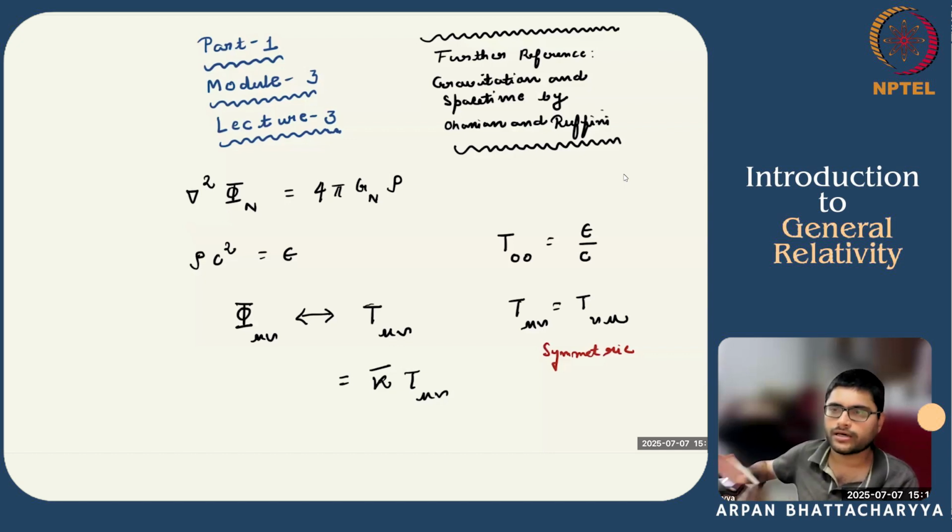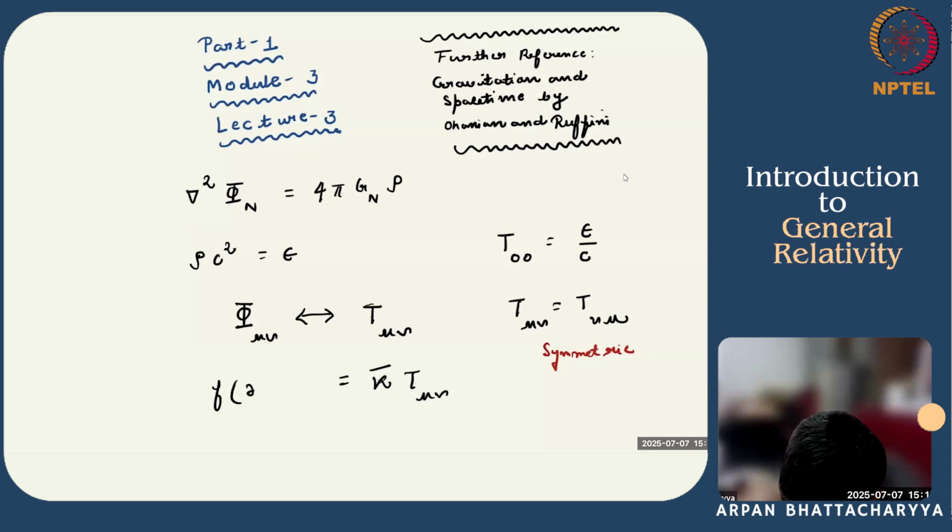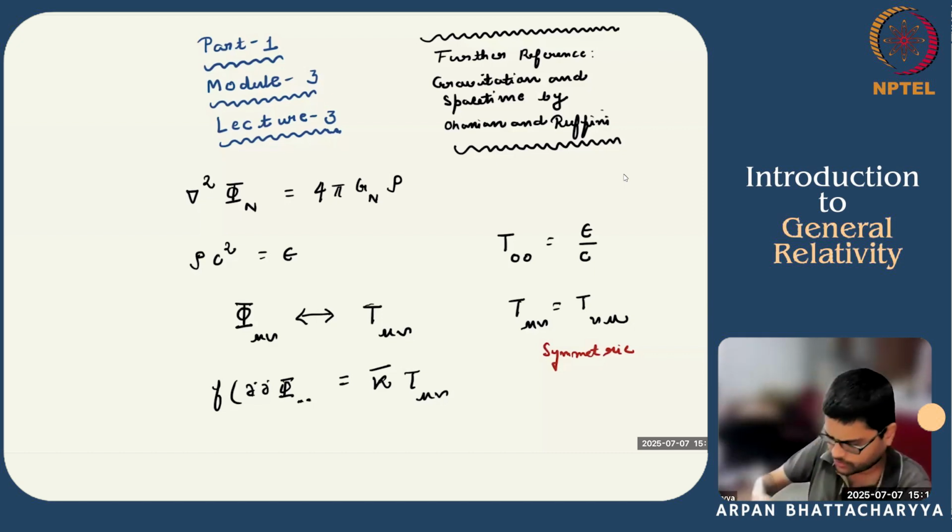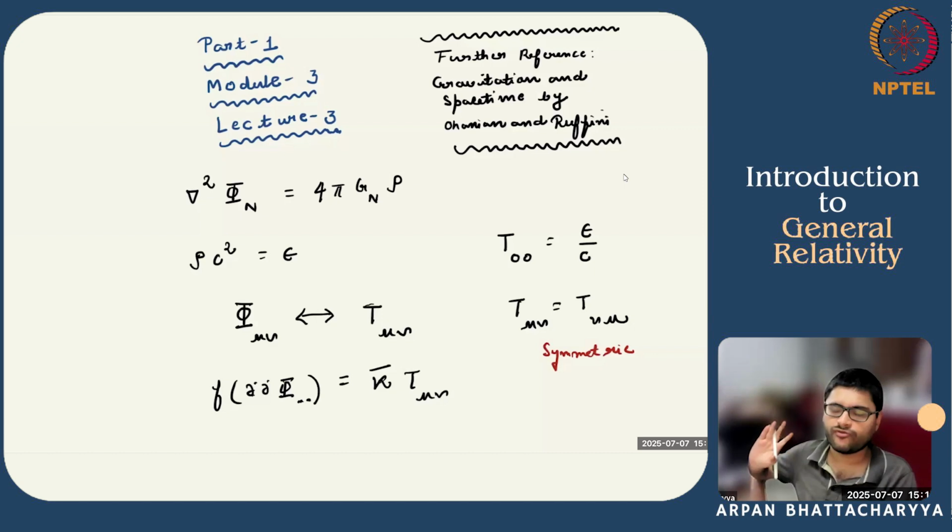We need only a second order equation, and also it should be linear in the field, that is linear in capital phi. So schematically, it should be some function of two derivatives, not writing the indices explicitly, and two indices of phi, which should be linear in phi and contain two derivatives.